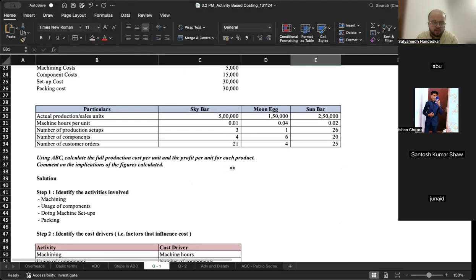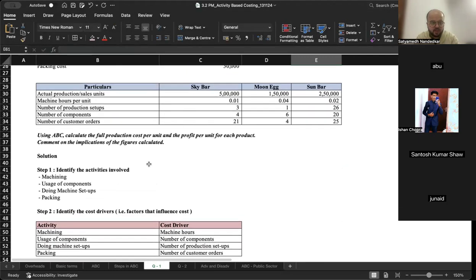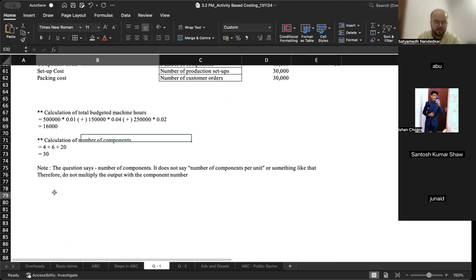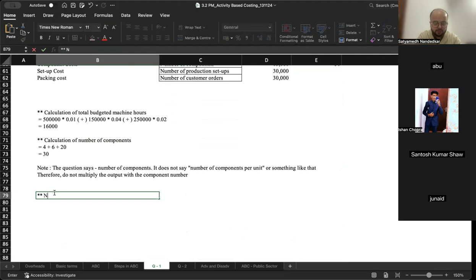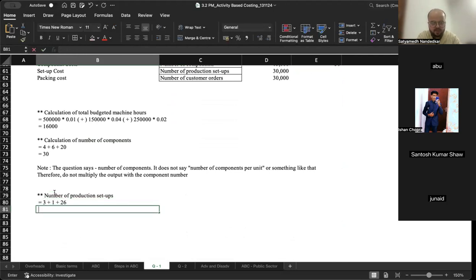For setup cost, you have the number of production setups 3, 1, and 26. The number of production setups are 3, 1, and 26. So 3 plus 1 plus 26.